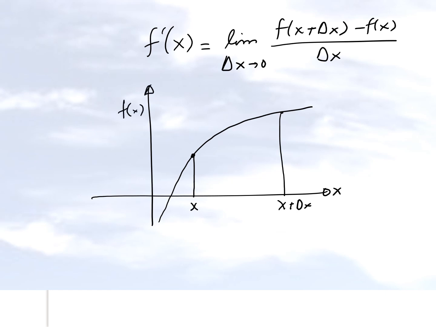I'm going to draw a secant line here. This point is x plus delta x, and the corresponding value of the function will be the y value.